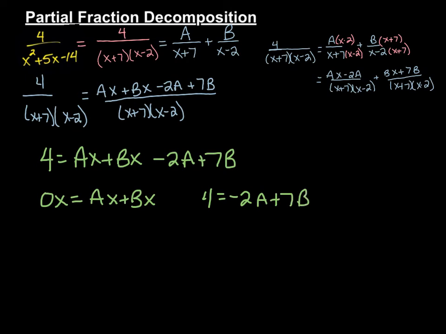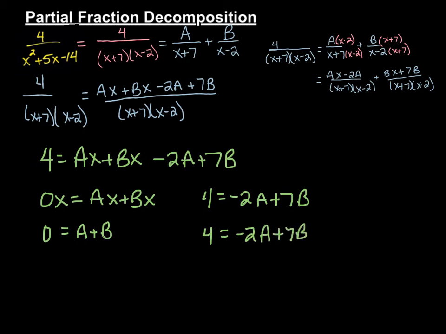So on this side of the equation we have 0x plus 4, and then on this side we have ax plus bx, minus 2a plus 7b. So these represent the constant, and these represent the variable. So we know that 0 equals a plus b. We know that 4 is equal to negative 2a plus 7b.